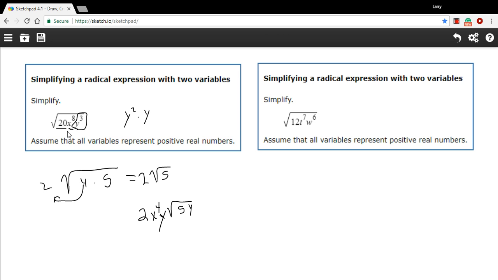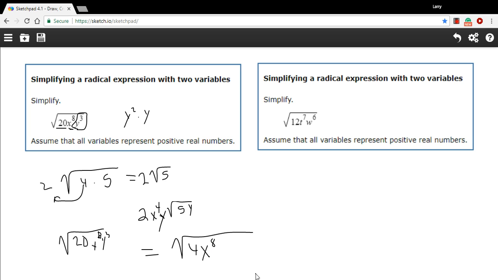You know, another way to think about this would just be to take this whole expression on the inside, this 20x to the eighth, y to the third, and say to yourself, I want to factor out all the things that are perfect squares. So if I were going to do that, out of the 20, I could factor out a 4, and x to the eighth is a perfect square, so I could factor that out.